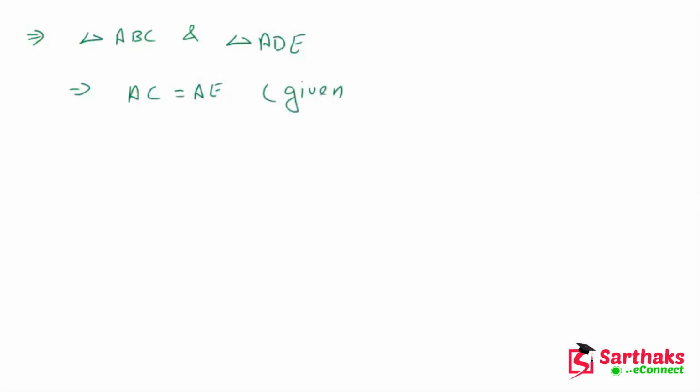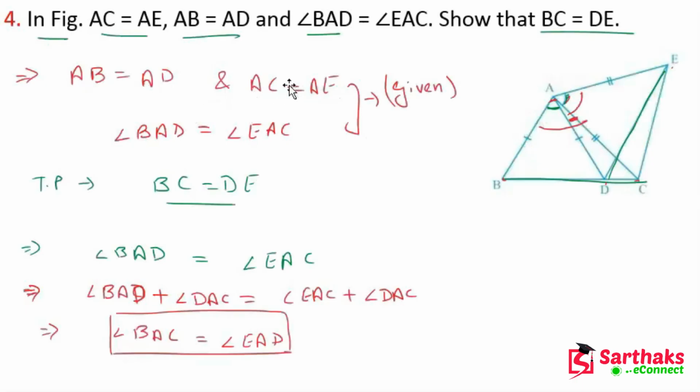And also AB is equal to AD. So if you separate these two triangles, we get them like this. So this triangle is similar.